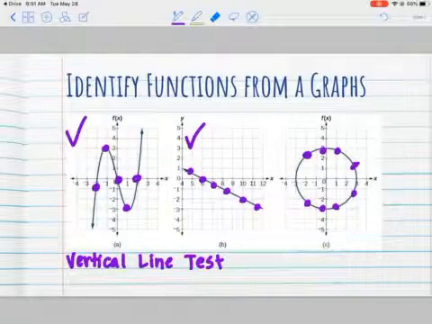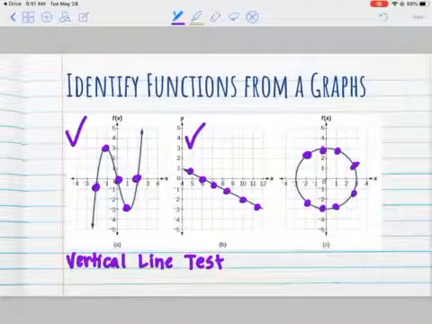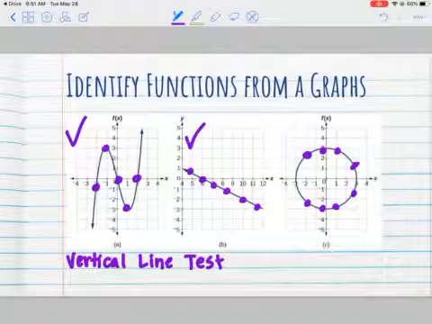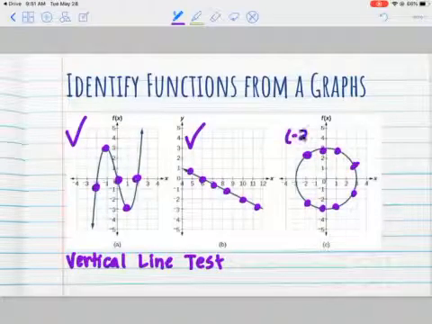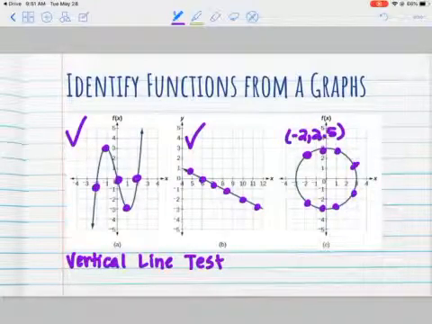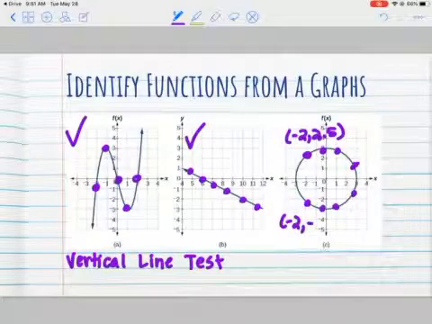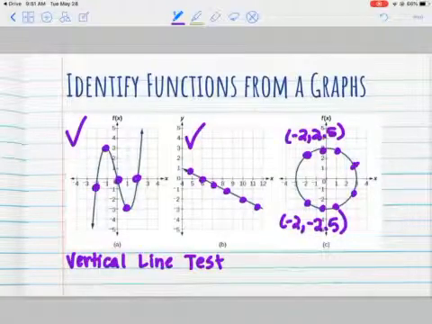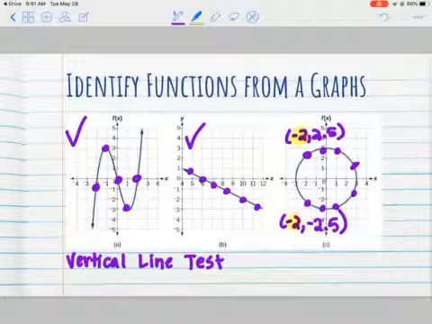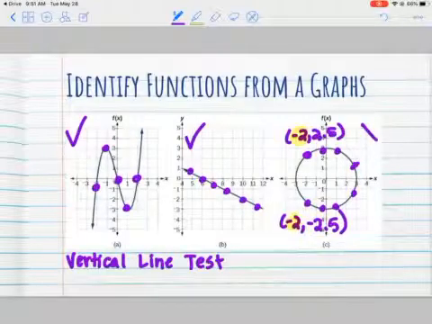At -2, if I think about it in terms of coordinates or in a table, when x is -2, y is about 2.5. And down here, when x is -2, y is about -2.5. Those 2 points show a repeat in my x's. So the vertical line test tells me that this is not a function.